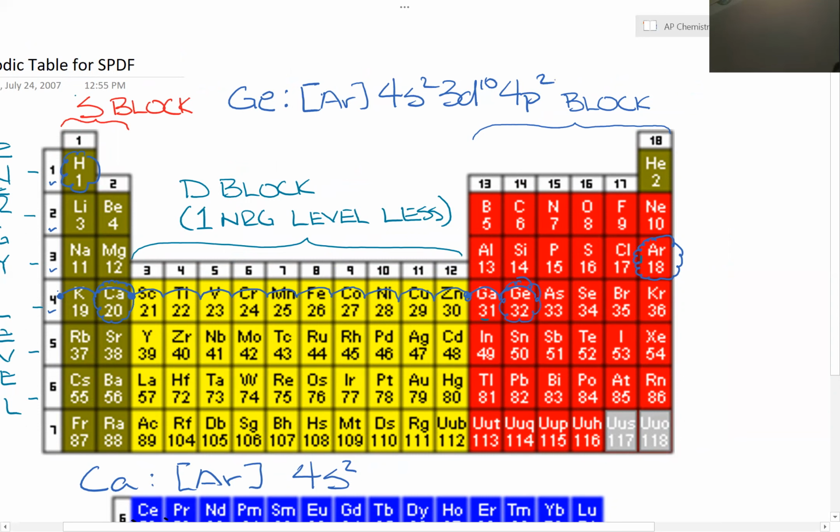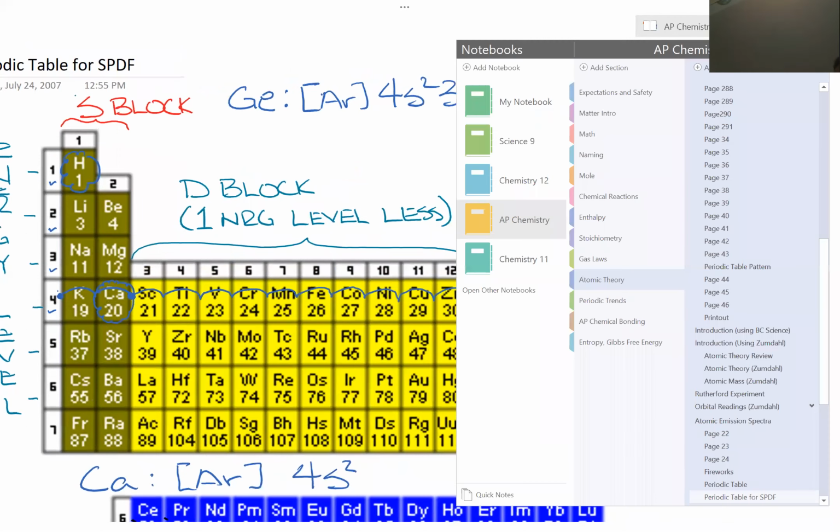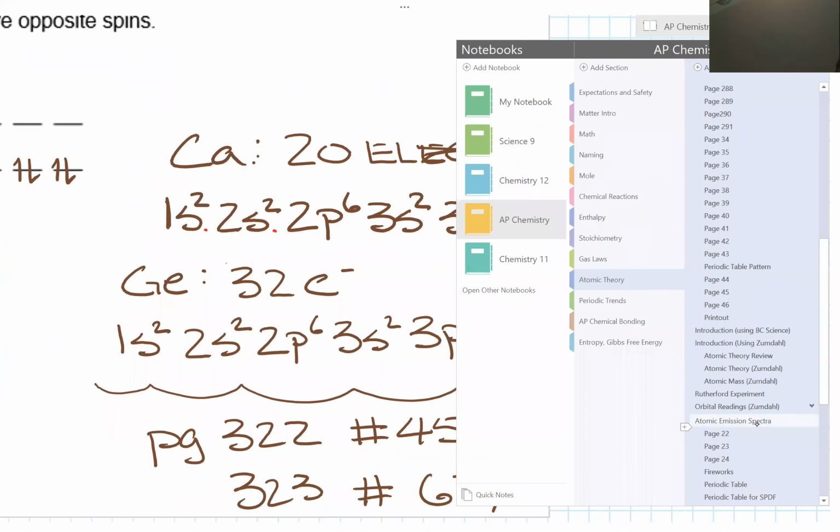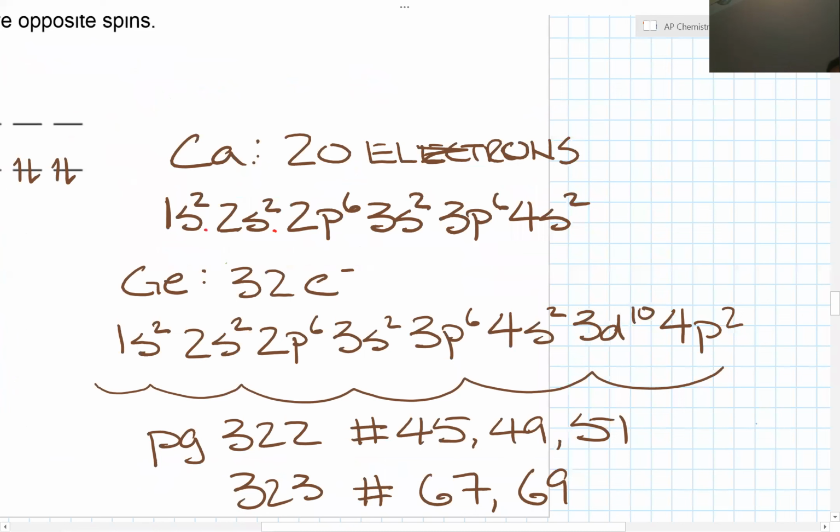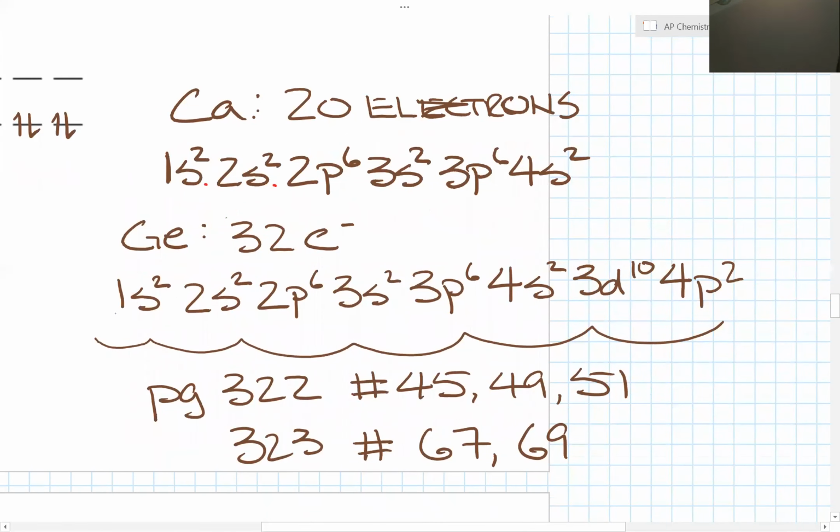And so instead of writing out what we did last day, where we had the 1s2, 2s2, 2p6, 3s2, all that sort of stuff, this first set is replaced by a noble gas.